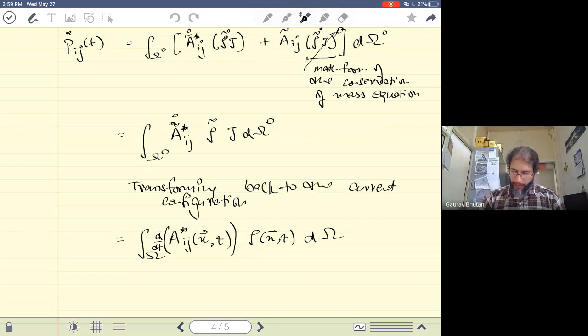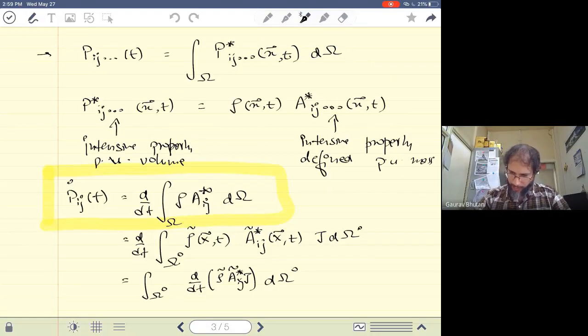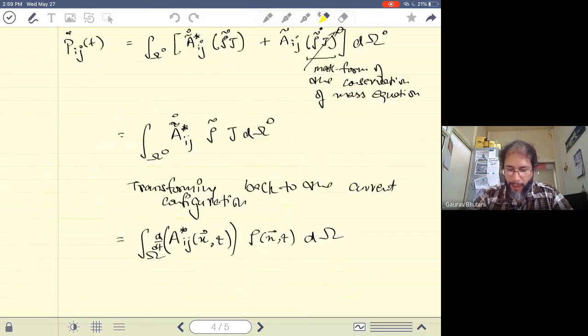Okay, so let's go back to our third slide. We started with this term at the bottom. So we had d by dt of rho tilde times j. Then what we did was we combined rho tilde and j as one single term, and the other term as a separate term. So the second term that you see is a d by dt of rho tilde times j.